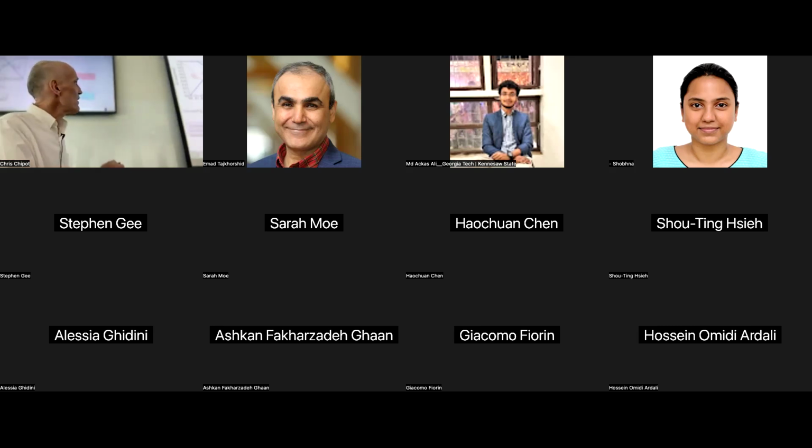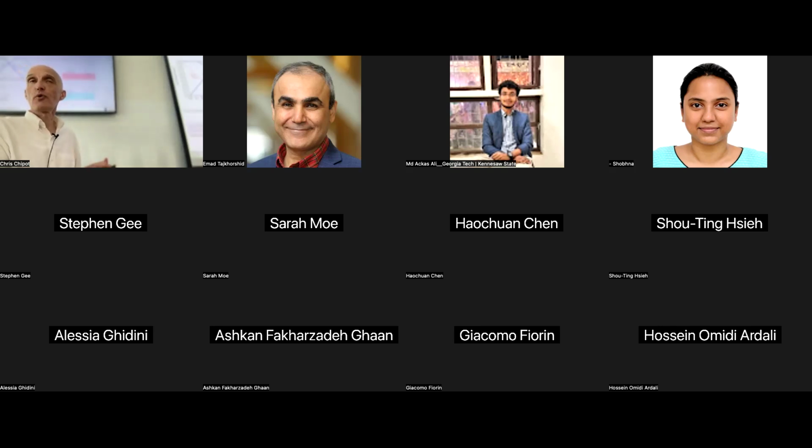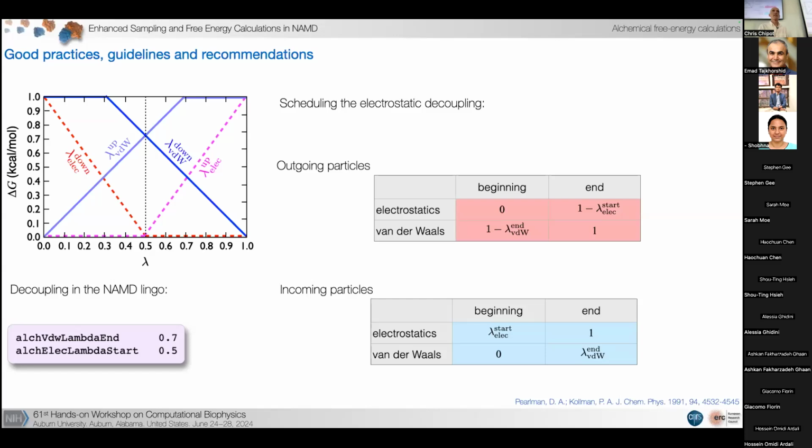So you can see here, I'm doing a dual transformation. I'm making a moiety appear at the same time as I'm making another moiety disappear in my molecule. And this is controlled by these 4 values of lambda, these 4 curves for lambda. So I have my van der Waals disappearing, my electrostatic appearing, my van der Waals appearing, and my electrostatic disappearing.